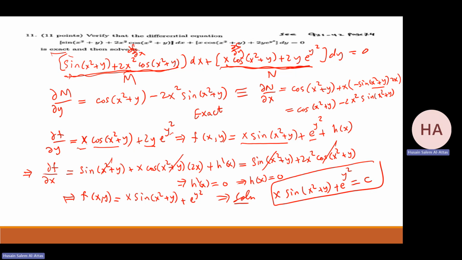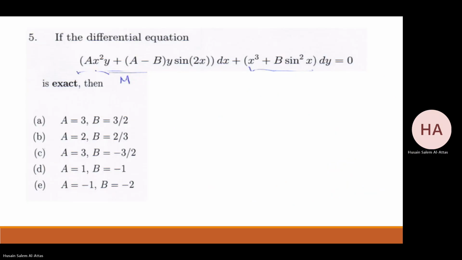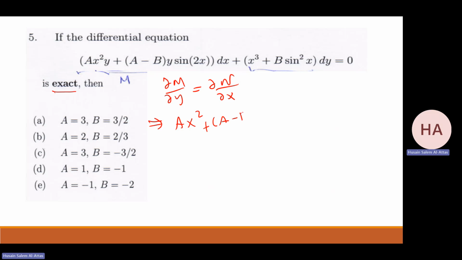Okay. All problems. If the differential equation is exact, that's it. I have partial M with partial y equal partial N with partial x. That implies what? I have a x squared with respect to y plus (a minus b) sine squared x. It's like a constant times y, so it's just a constant.